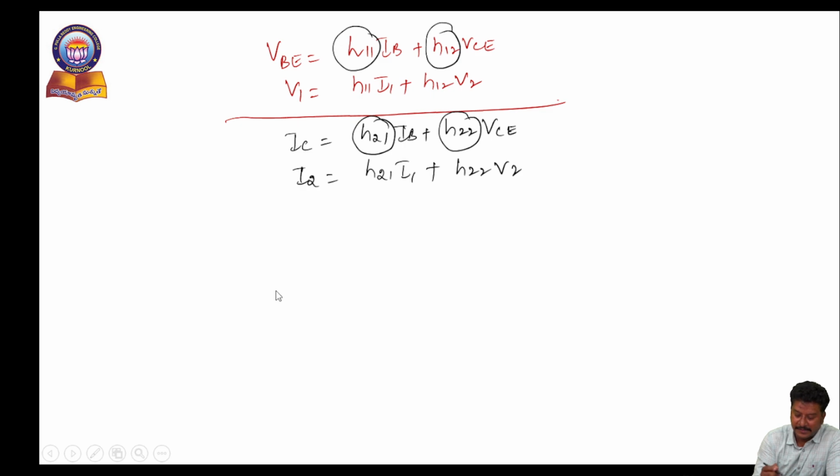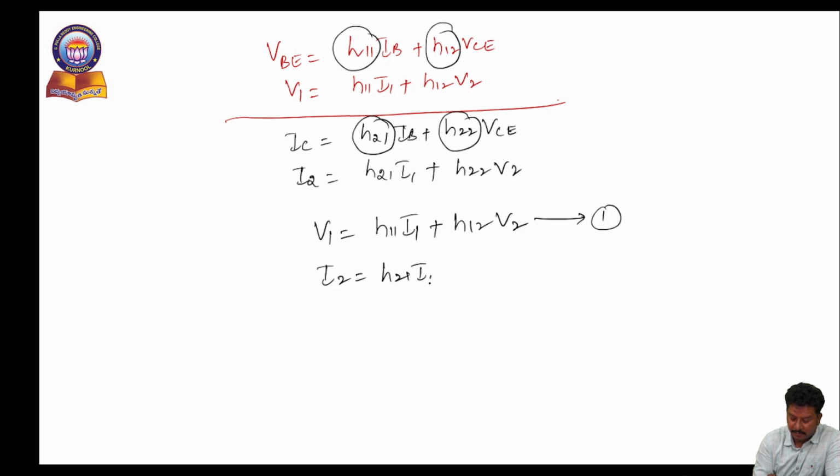In order to understand this condition, we used to apply the open circuited and short circuited condition. First, I am trying to frame these equations mathematically. V1 is equal to H11 I1 plus H12 V2. This is equation 1. And I2 is equal to H21 I1 plus H22 V2.